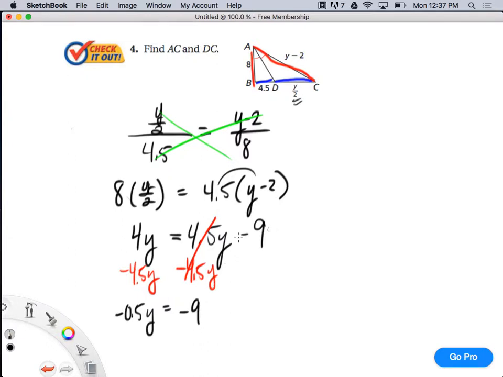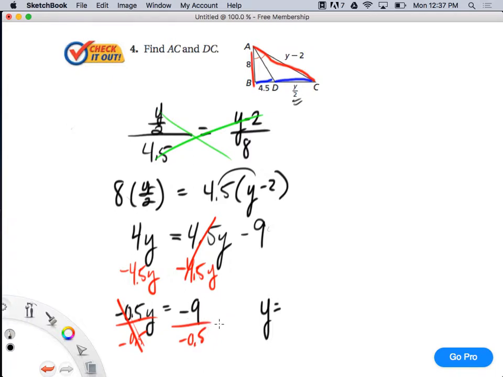What do I do now? I divide by negative 0.5, right? Divide by negative 0.5. Okay, and I get, that crosses out. And I'm left with y equals, negative divided by negative is positive.